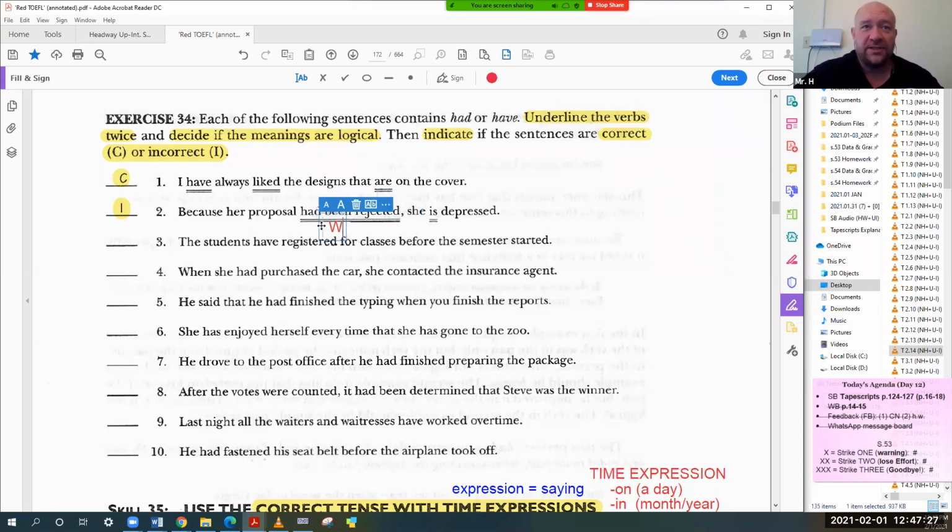Had been rejected. Is this X? No. Well, it should be X, and X should be past tense, right? So was. How do I fix this? Change the is to was. Exactly. I want to make it was. Okay. Because her proposal had been rejected, she was depressed.